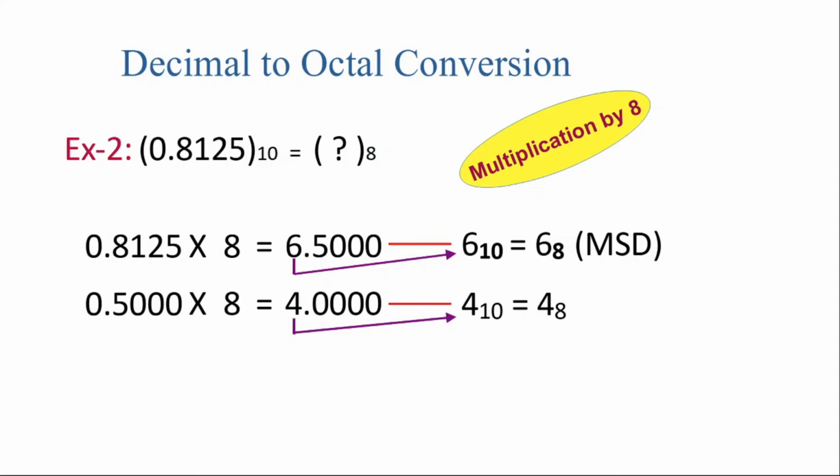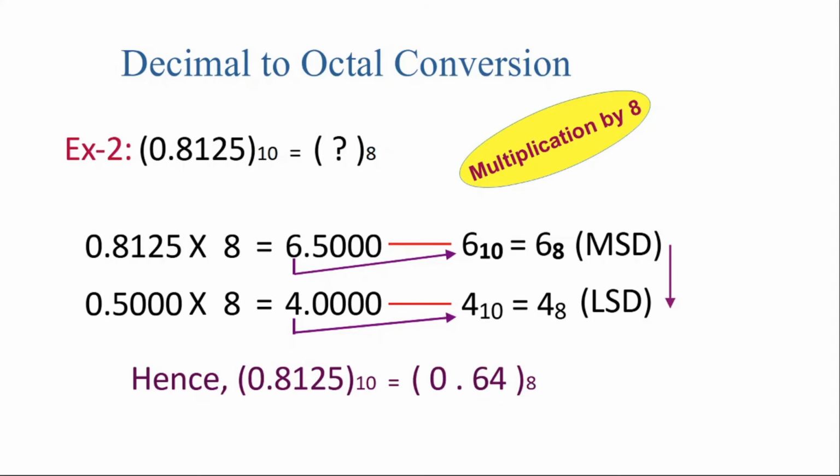Now the 4 in decimal system is also equal to 4 in octal system, and in this case the 4 is the LSD, and we have to move downwards. Hence the number 0.64 is the octal equivalent of decimal number 0.8125.